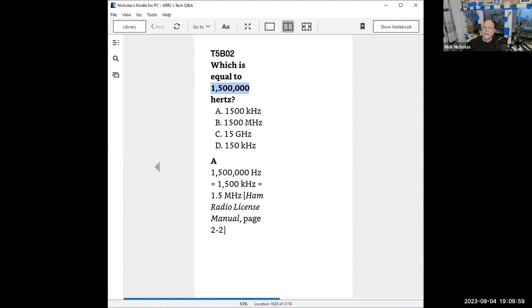You'll be doing this a lot in your head as ham radio operators, because we deal with frequencies all the time. For example, you'll be dealing with frequencies that are maybe, let's say, 72 kilohertz or 7.2 megahertz. Or you'll be dealing with frequencies like 50 megahertz.